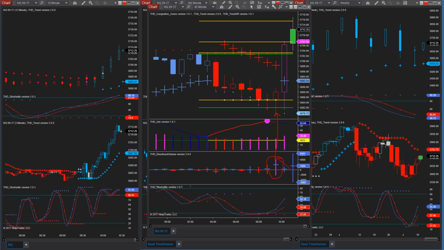And volume is an excellent indicator if you have the right data behind it. Does that answer your question? It's probably not the answer you were looking for, but it's an honest answer.